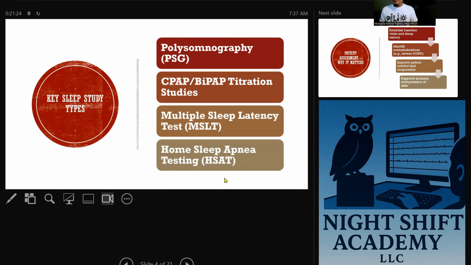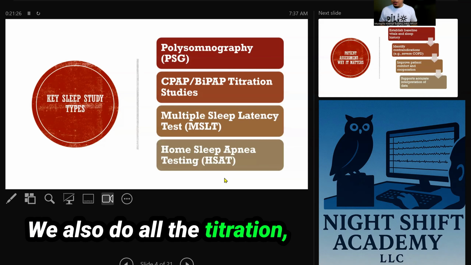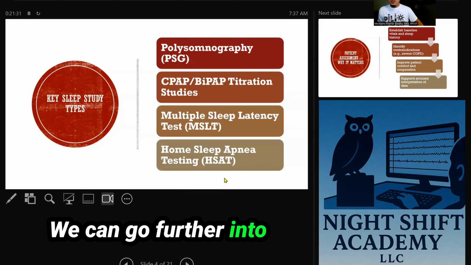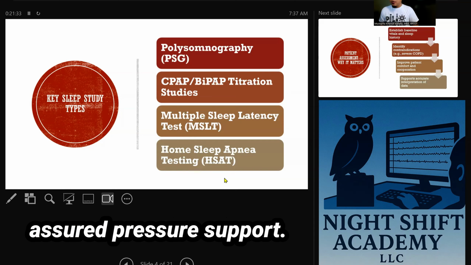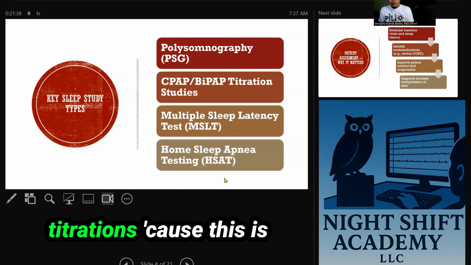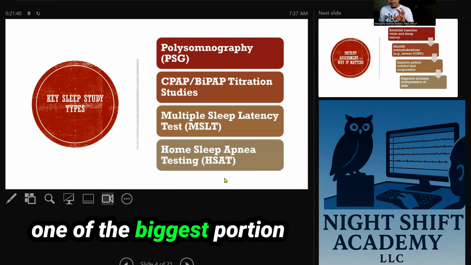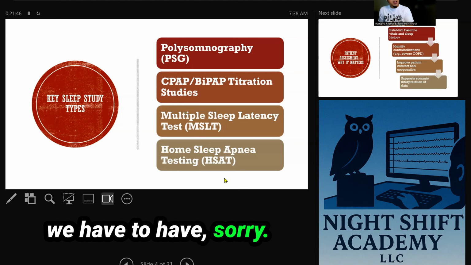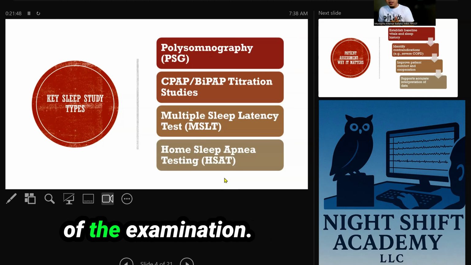And then we also do all the titration, CPAP and bilevel titration. We can go further into the ASV and the volume assured pressure support. So we will actually have a really good session on titrations, because this is one of the biggest portions of the knowledge that we have to have, and also a portion of the examination.